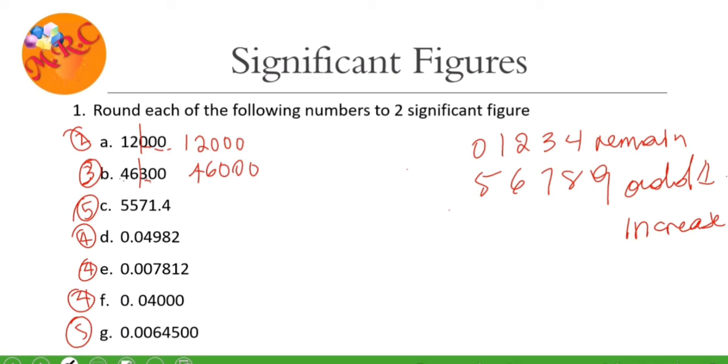So let's look at C now. And C has 1, 2, 3, 4, 5 significant figures there. And so round off to two significant figures. So we're going to count two significant figures. 1, 2, draw a line. Good? Now, we look at the digit that comes after. It's a 7. So because it's a 7, looking at what we have over here, it says if it's 5, 6, 7, 8 or 9, we're going to add 1. So we're going to go ahead and add 1 to that.